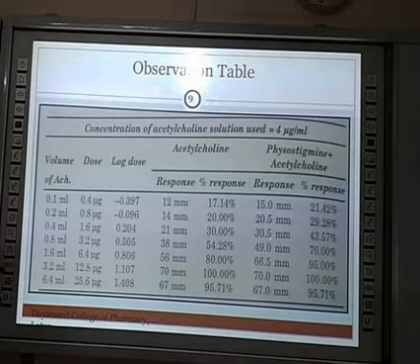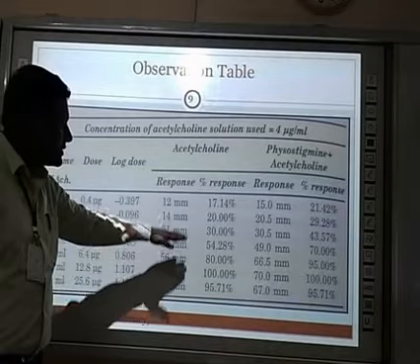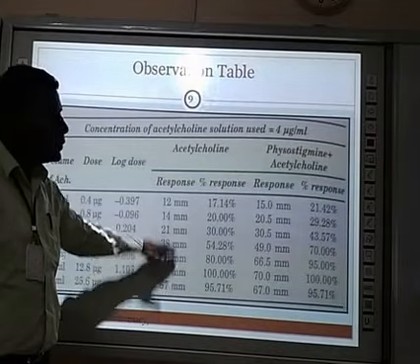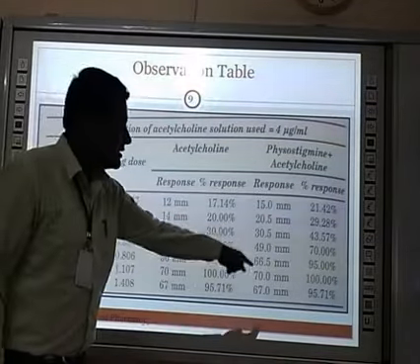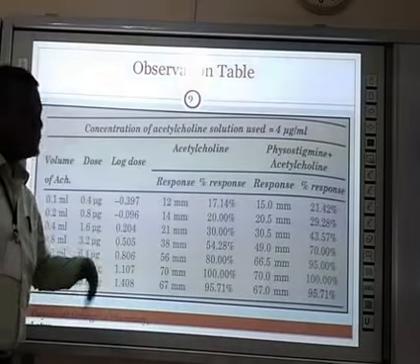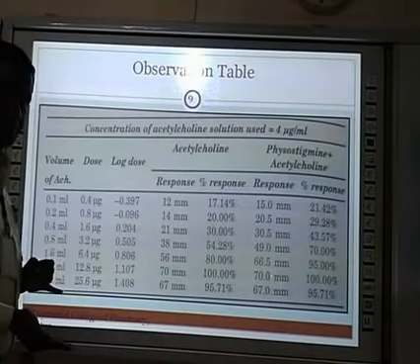Next, look at the observation table. The concentration of acetylcholine solution we used is 4 microgram per ml. These are the responses for the first step, acetylcholine only, without physostigmine. And here are the observations of physostigmine with acetylcholine, after eserinization.